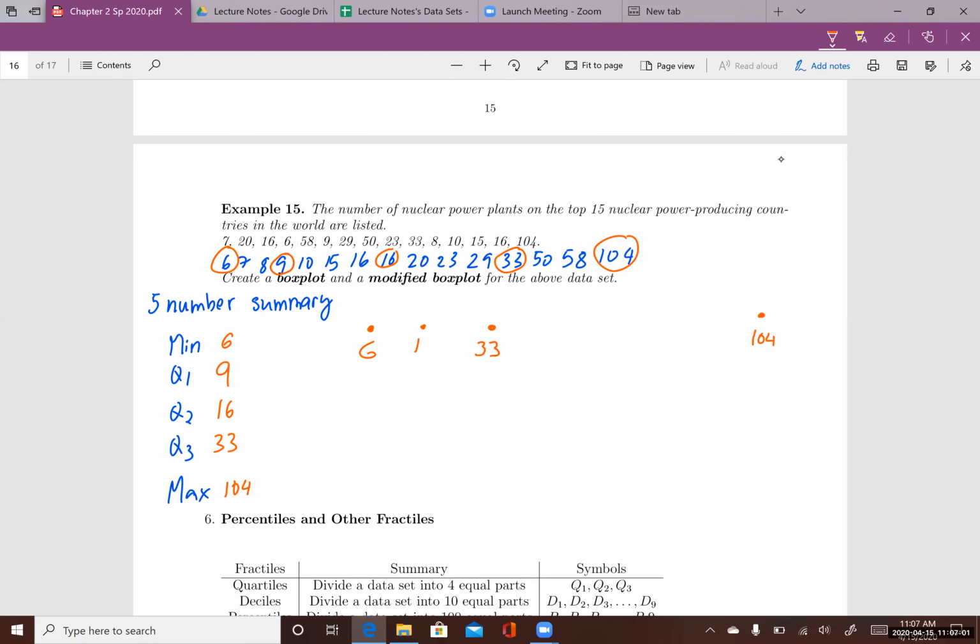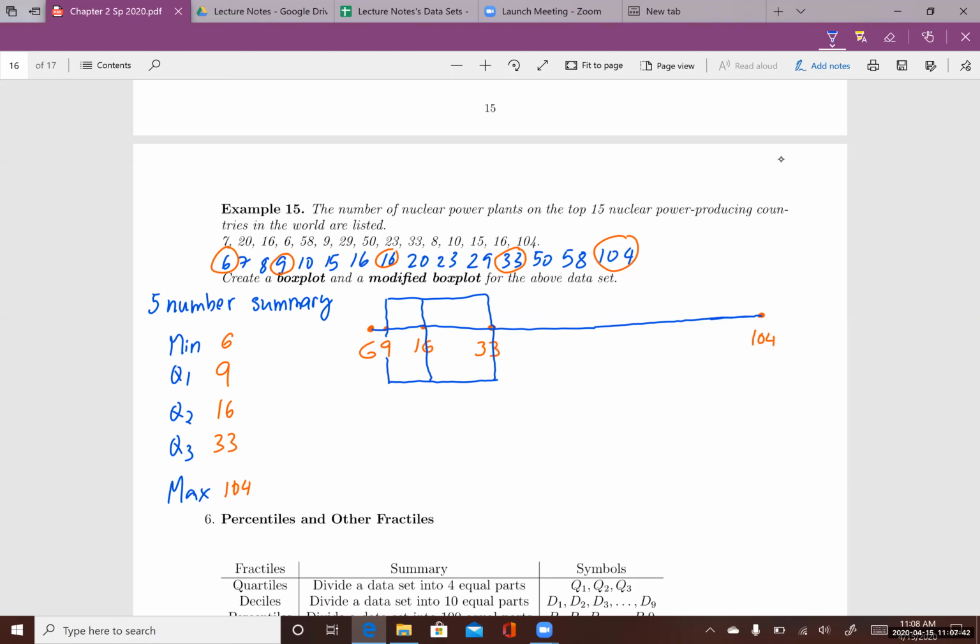Okay, it's Q2, and then Q1 is here, which is 9. All right. So I'm going to make a whisker here that goes through all of these points. Again, you want to draw it proportionately, so then you can see the patterns of the data clearly. And then you have a box around Q1 and Q3, and a vertical bar that goes through Q2.